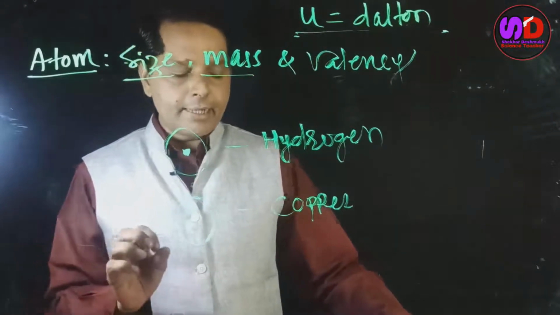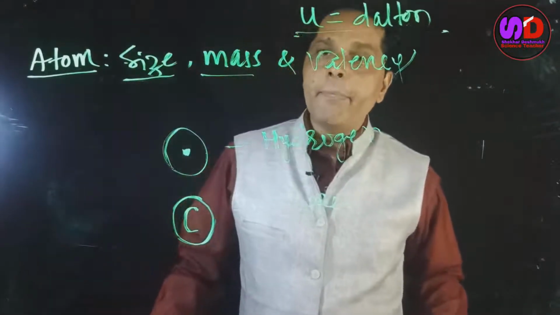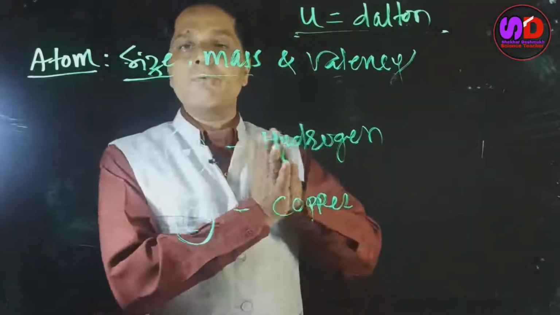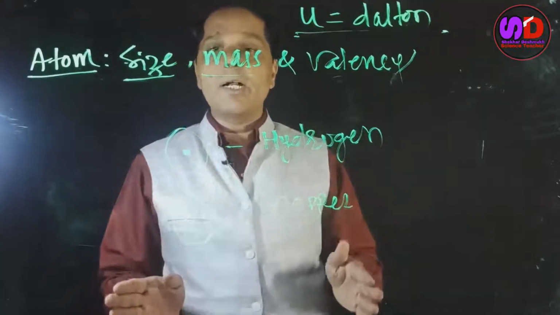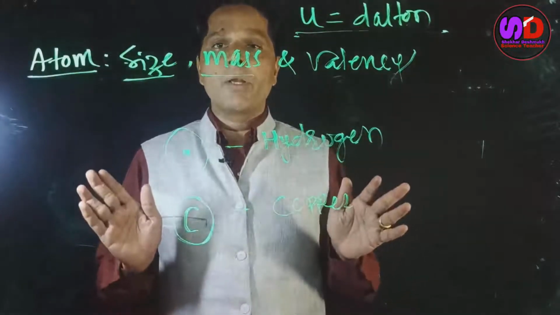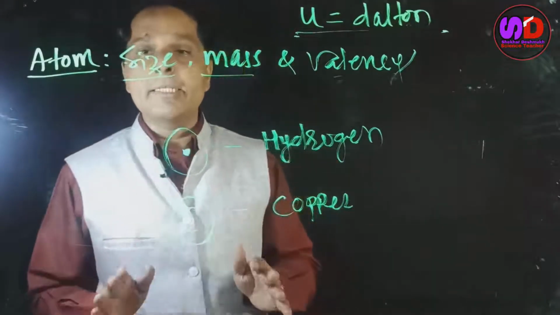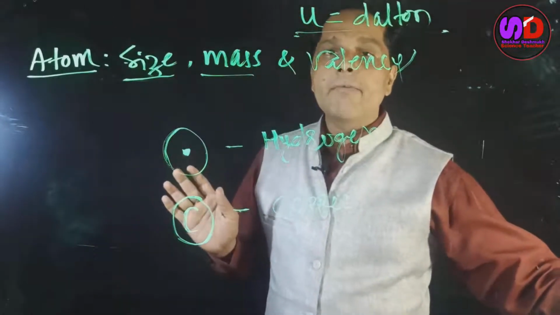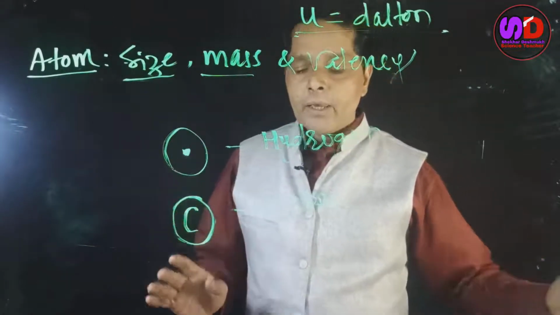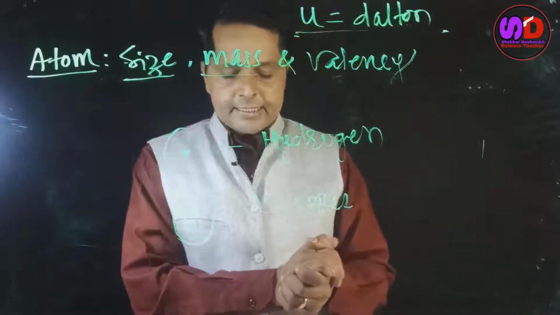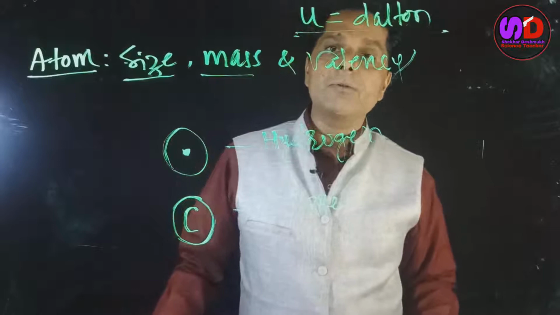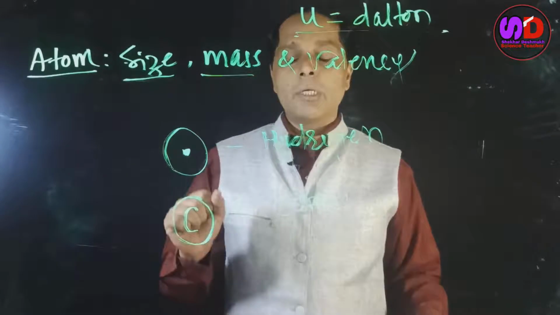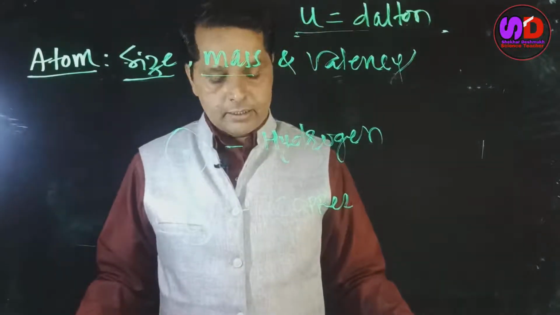IUPAC is nothing but the International Union of Pure and Applied Chemistry. So IUPAC symbols are nowadays used all over the world, they are the same. That means all countries use the same symbols, which are given by IUPAC. And Berzelius was the first scientist who gave the system of choosing the symbols.